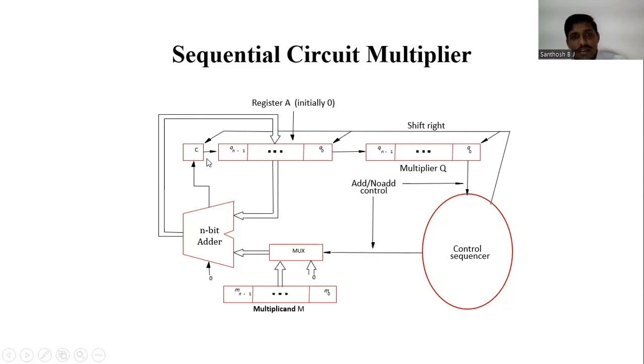First C is copied into here, and this value is copied into the next right position. This will be copied into another right position, and so on. After completion of the shift, whether it is 0 or 1, the value is automatically reset here. So that is how the sequential multiplier works.